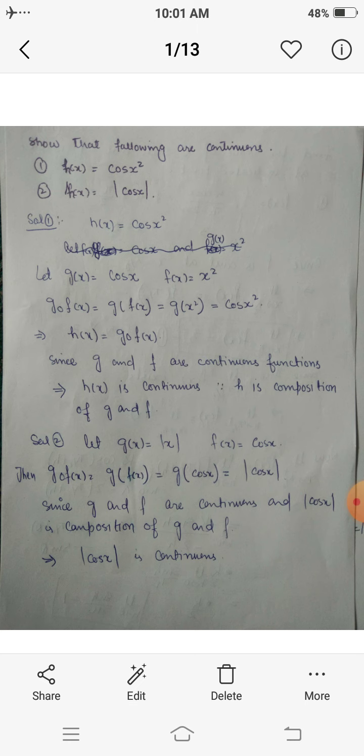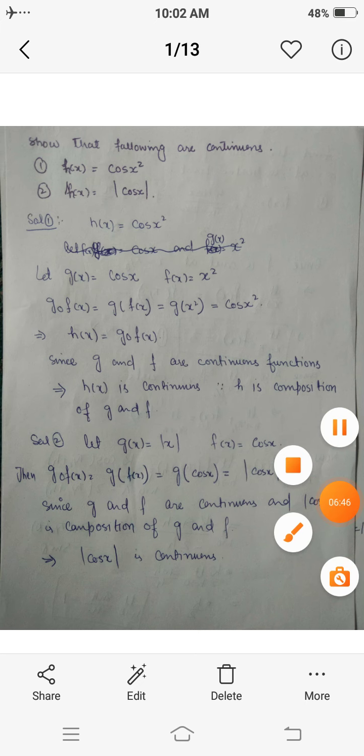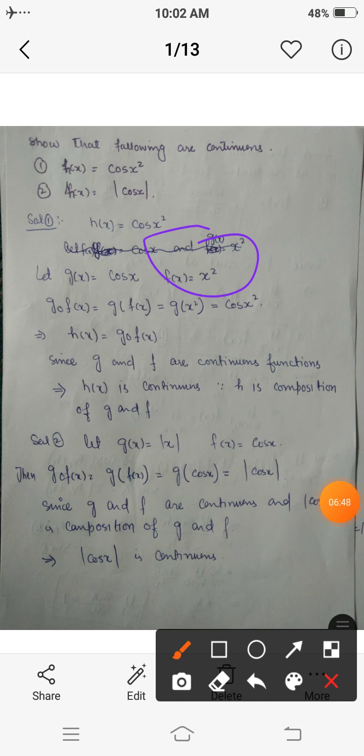If we have cos square x, then we can easily prove continuity using algebra, because the multiplication of two continuous functions is continuous. But here we have a composition. The square is on the angle, not on the whole function. This means that cos x square is actually a composition of two functions. One is cos x, and the second one is x square.